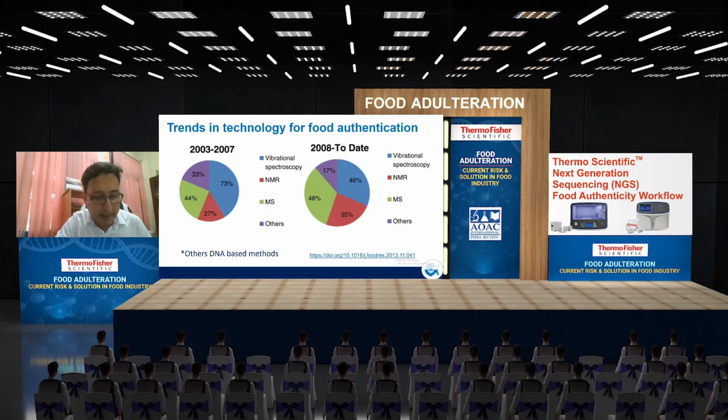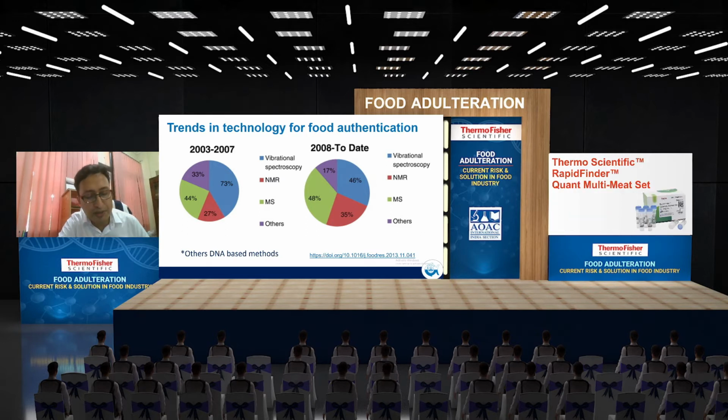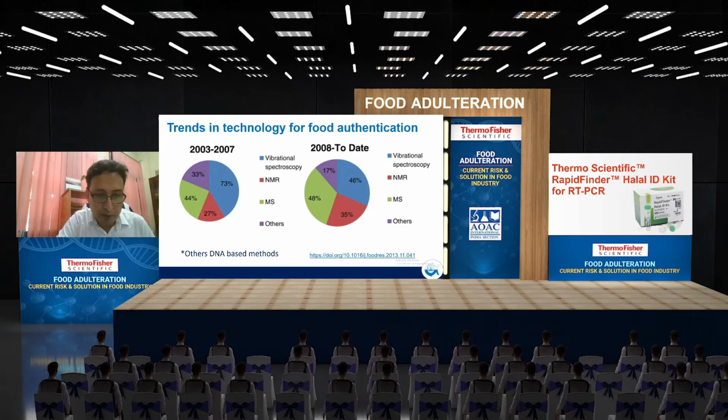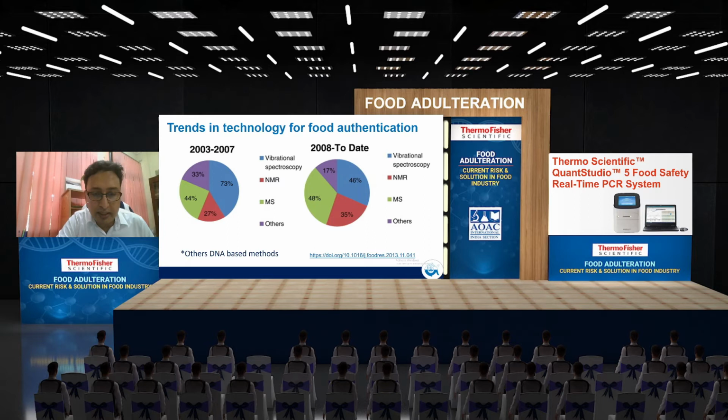But if you see in this slide, there is a natural progression over the years. During 2003 to 2007, vibrational spectroscopy was the most commonly used detection technique for food fraud. But from 2008 onwards, you can see a change more towards mass spectrometry and NMR-based techniques.